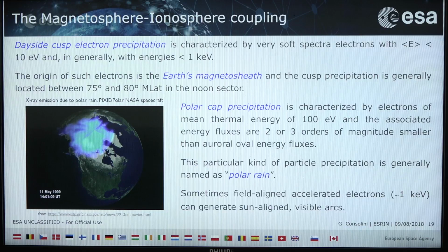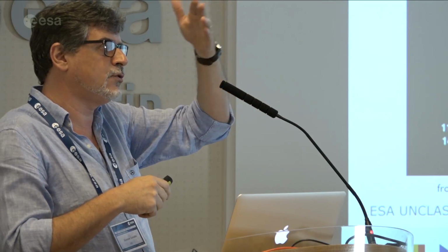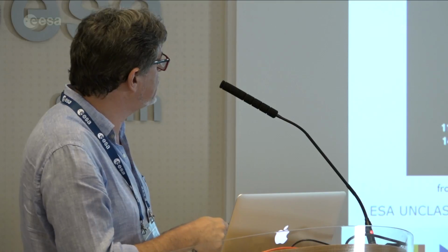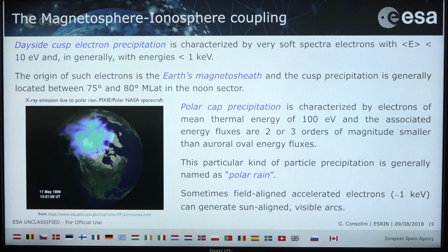The origin of this is essentially the Earth's magnetosheath, which is the layer outside of the magnetopause, in front of it. So the particles that come directly from the solar wind can enter and reach this region, which is the polar cusp.